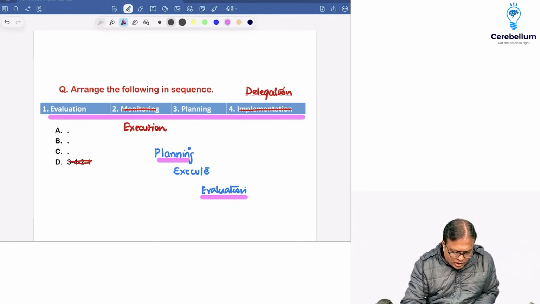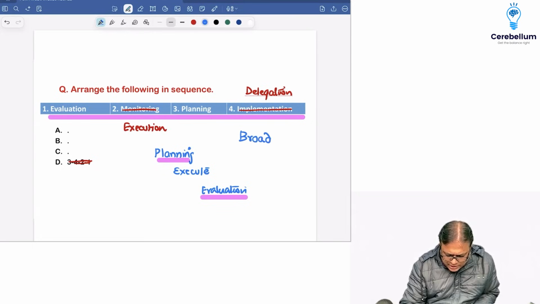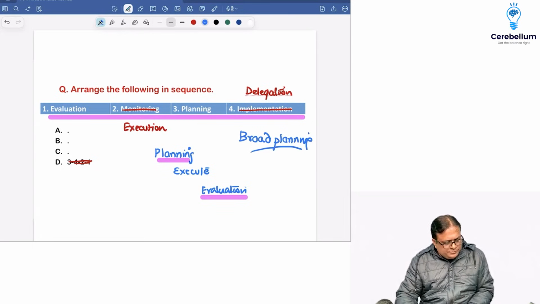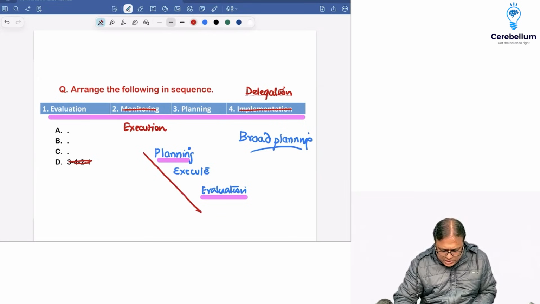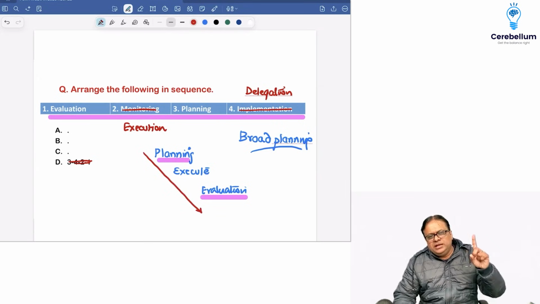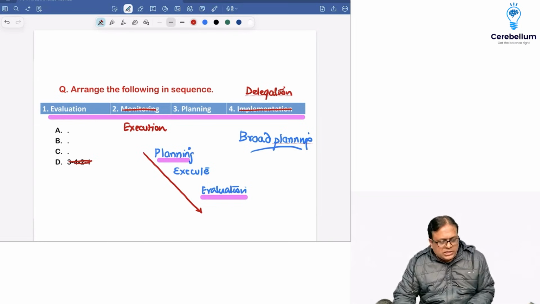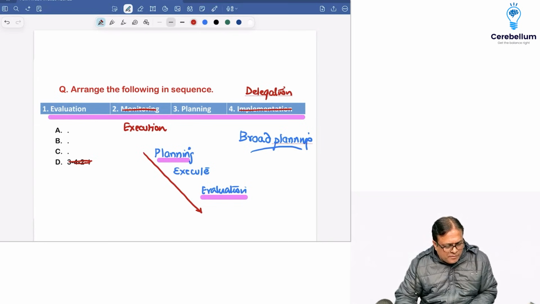Okay, what does broad planning contain? The question was on broad planning. Okay, great. So if you are looking at three, then these are the three best options in sequence: planning, execution, evaluation. If you are asked about three of them, right?